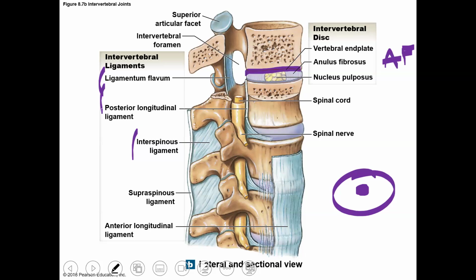So again, we don't need to know all of these, but you would, because you'd look at this and you'd see anterior longitudinal. Well, this is on the front, anterior, and it's really long.